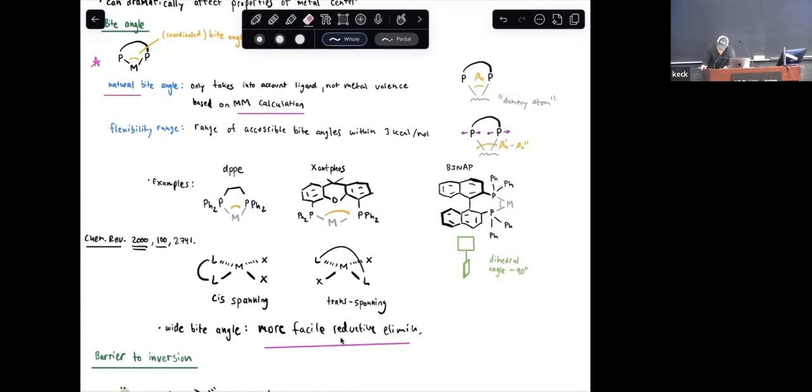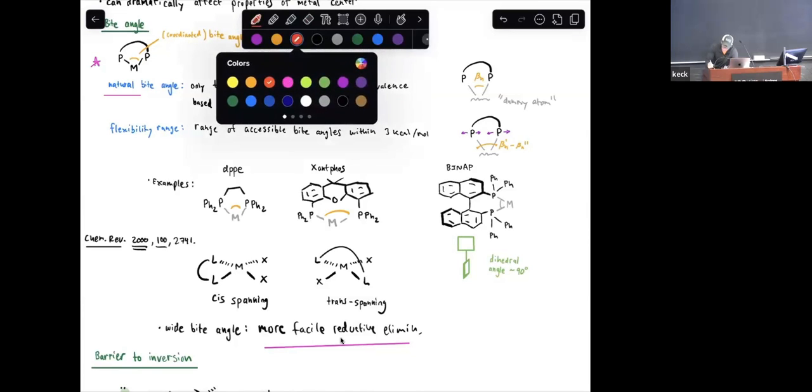Yeah. What do you like here? What's the narrowest bite angle in these examples? Which one? Sorry, could you tell me again the question? DPPE, Xantphos, BINAP. Which one has the widest bite angle? Which one has the smallest bite angle?